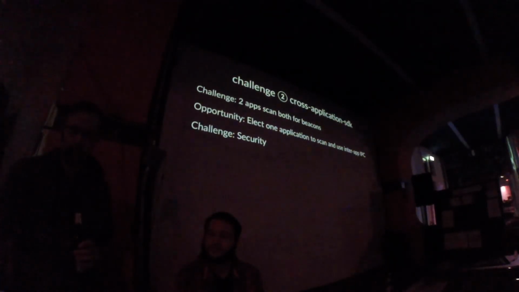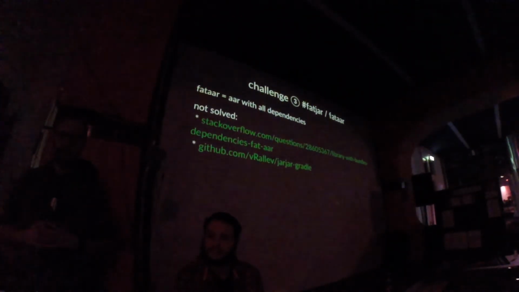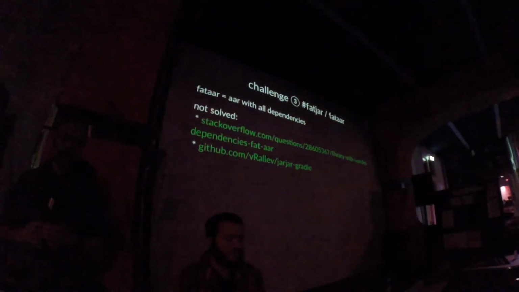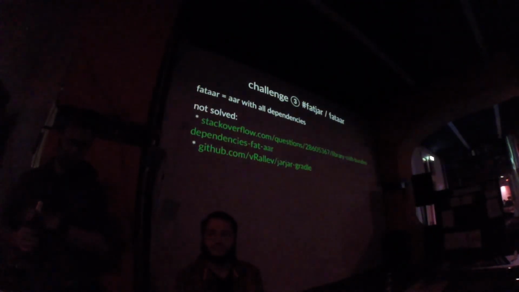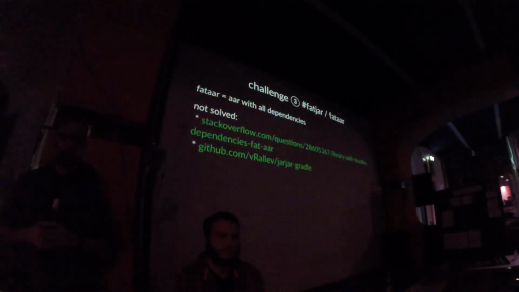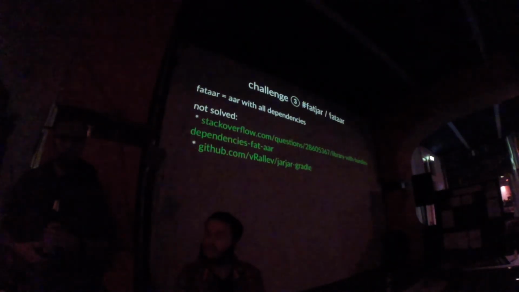And then another challenge, also going back to dependencies: you could try to package all your dependencies into a fat AAR. In the Java world, there is the concept of a fat jar, which takes all your dependencies and puts them into your jar. And I have yet to find a solution for this.